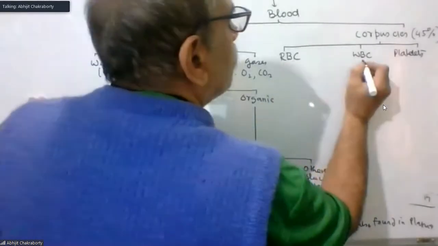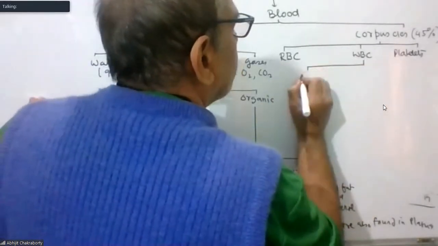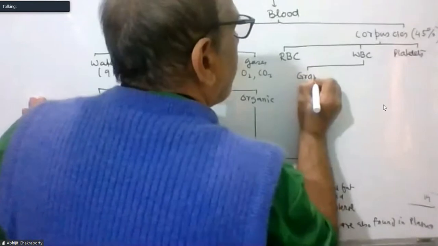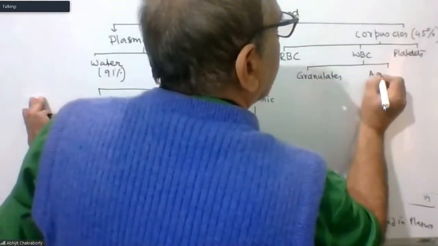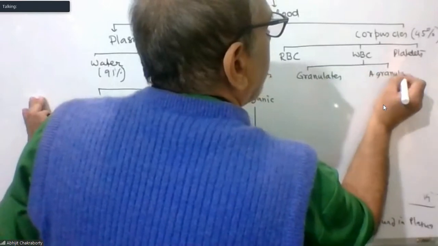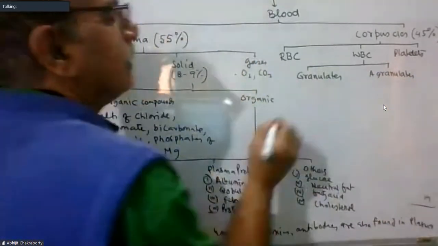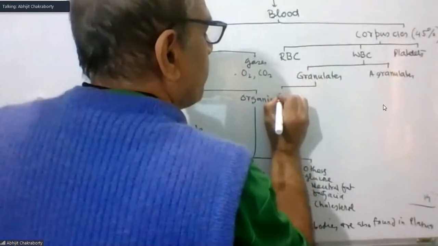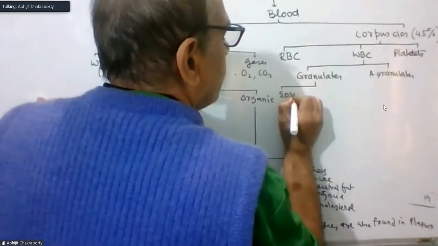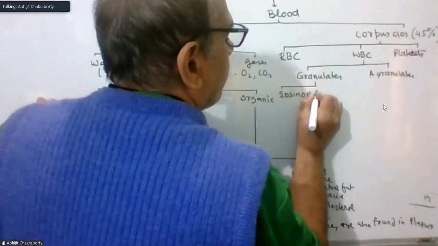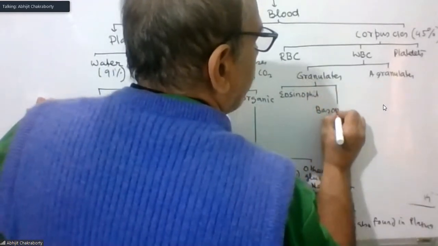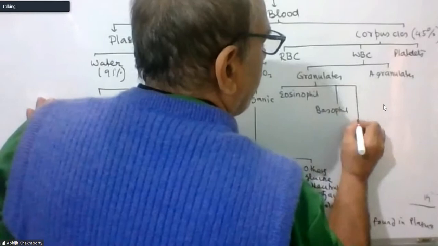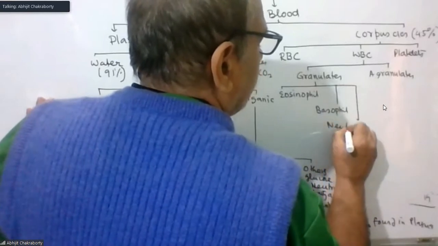WBC is again of two types, granulocytes and agranulocytes. Granulocytes include eosinophil, basophil, neutrophil.